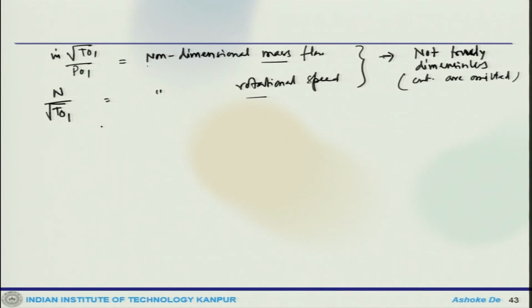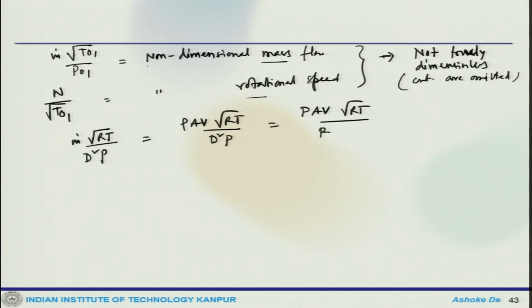One can get the characteristics plot by plotting each of these groups with respect to another while keeping the other parameters constant. Just to note here, m dot root R T by d square P is rho A V root R T by d square P, which is proportional to V by root R T, the Mach number.